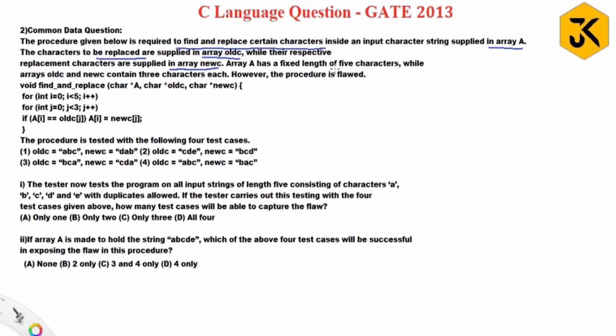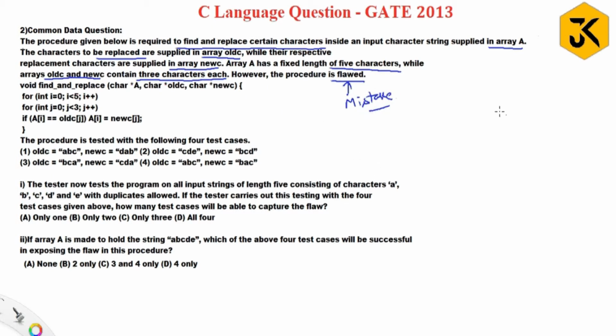Array A has a fixed length of 5 characters, while the arrays oldC and newC contain 3 characters each. However, the procedure is flawed. Procedure is flawed means there exists some mistake.